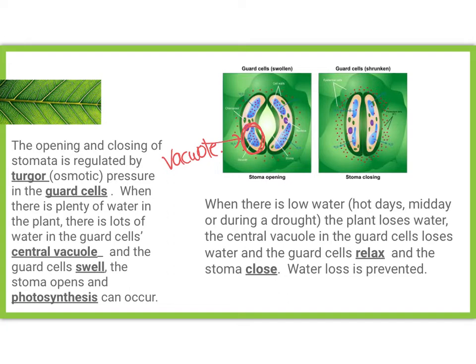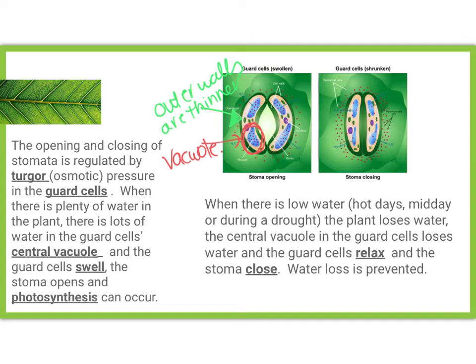And the reason they're able to open is that the outside has a thinner wall. So the outer walls are thinner. So as the cell is expanding, it's easier for the cell to expand outwards this way than it is this way. You can kind of see even in this diagram that this is a thicker wall on the inside, specifically for guard cells.